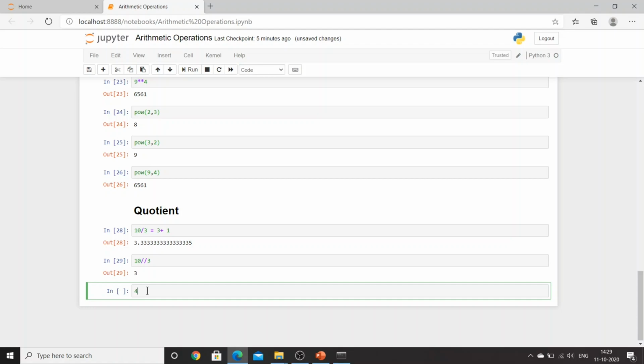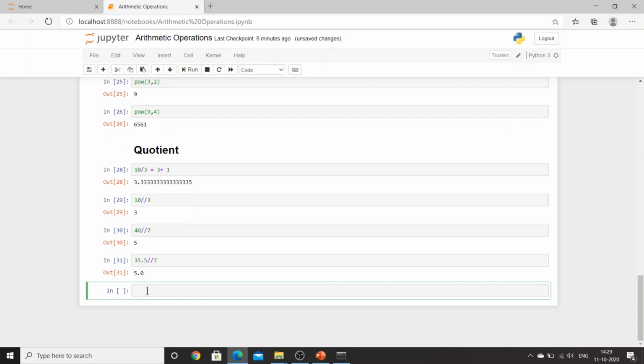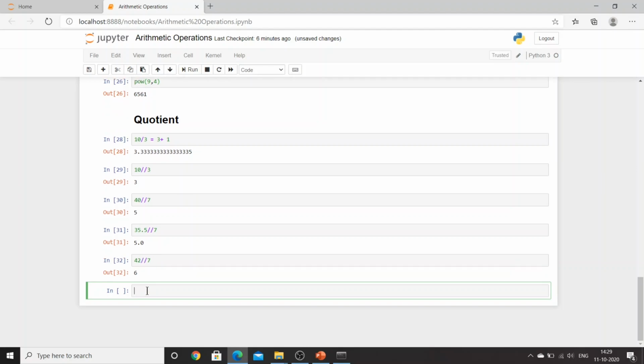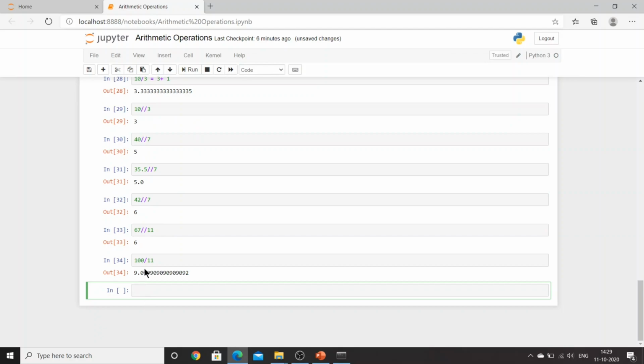Now let's try some other numbers. 40 by 7, you get 5. Let's try a decimal, 35.5 by 7, you'll get 5. Let's try 42 by 7, you'll get 6. Let's say 67 by 11, you'll get 6. Let's say 100 by 11, you get 9. Oh, not this, we'll give double slashes, 9. So by providing double slashes you will get the quotient.